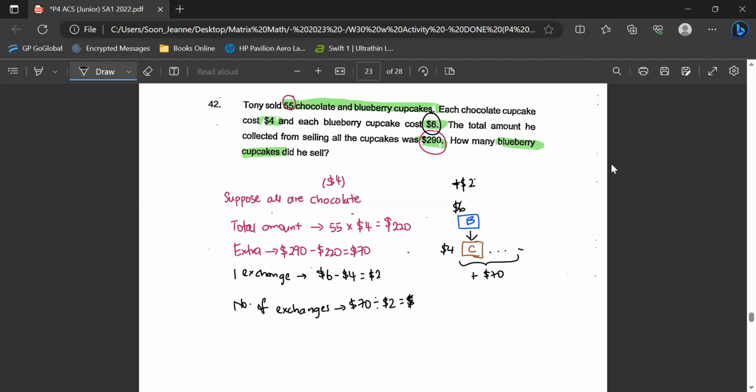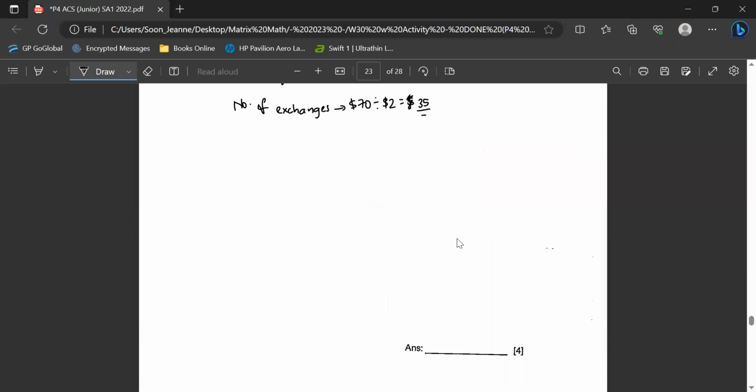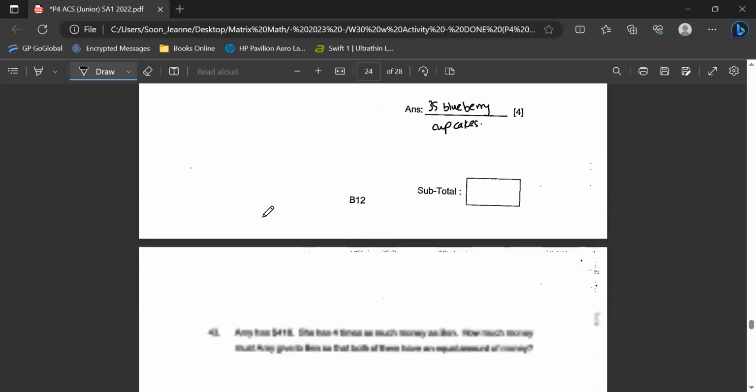Your answer, sorry, no dollars. Your answer is 35, blueberry. How many exchanges you make will be the number of blueberry cupcakes sold. So your answer will be 35 blueberry cupcakes.